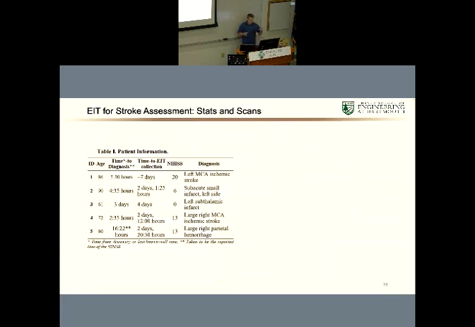All right, so we have all our tools created, and then let's look a little bit at the data. So the patient information, we had a wide range of NIH stroke scores, from 0 up to 20. The first 4 subjects had ischemic strokes, and the last one a hemorrhagic one. When we could collect the data, it seemed to settle around the 2-day mark.